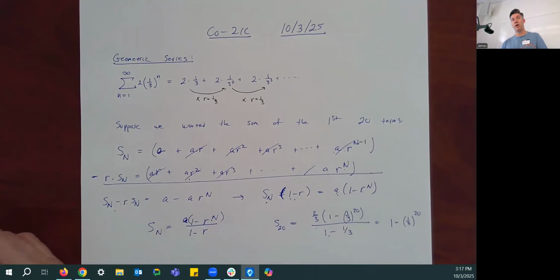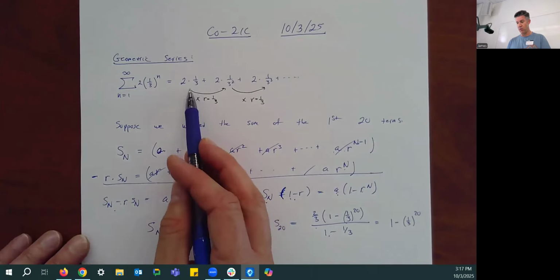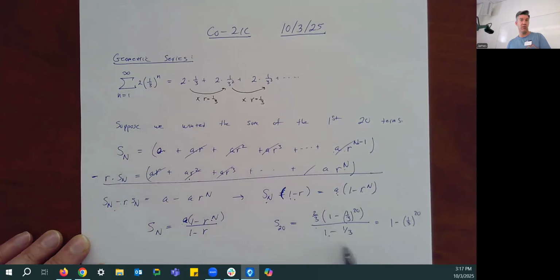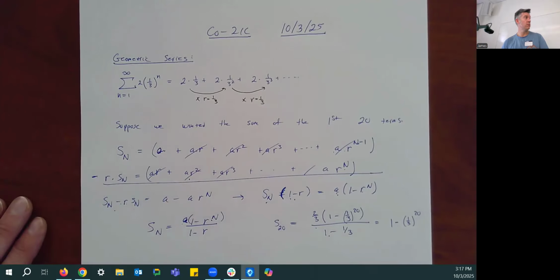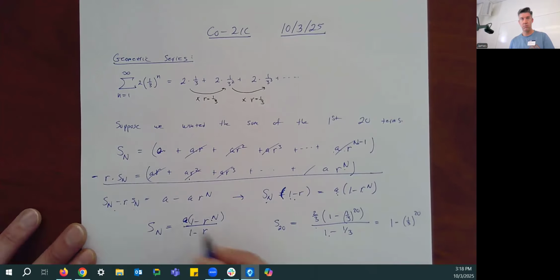But the real point here is that the A times R to the n minus 1 cancels out with the bottom one. So in this particular example, the numbers happen to work out that my A value was 2/3 and my denominator was also 2/3. In the general formula, no, the A doesn't cancel out. The A is right there. This is the formula.